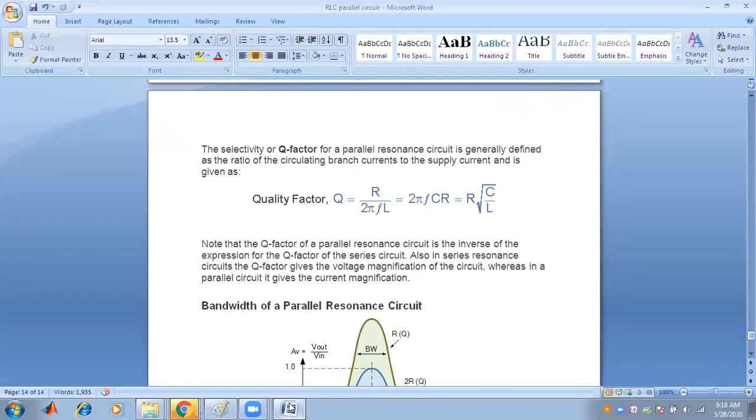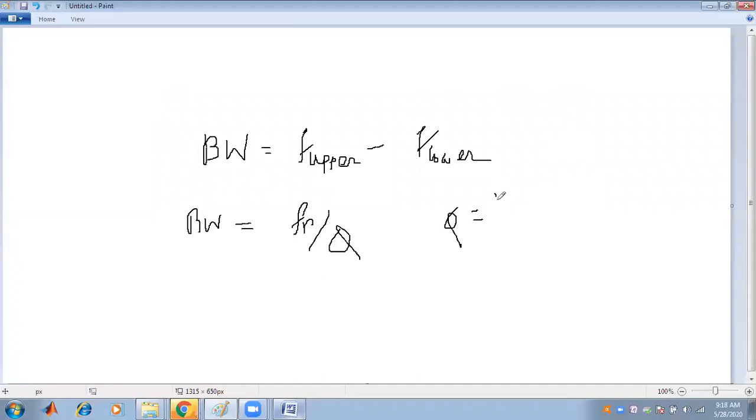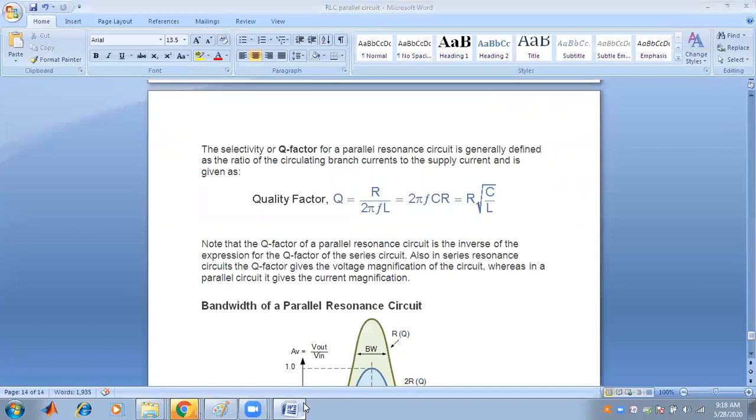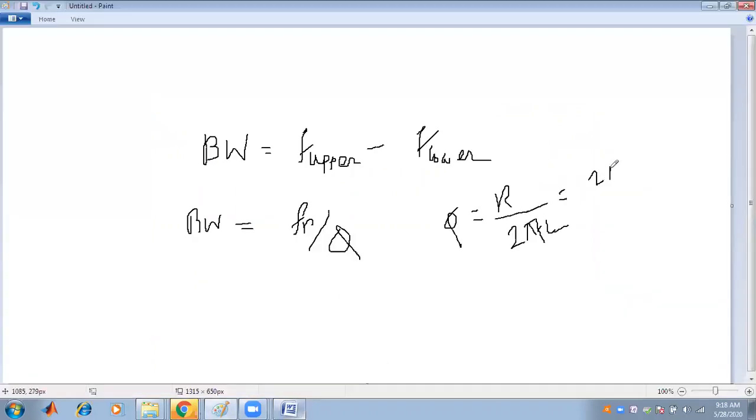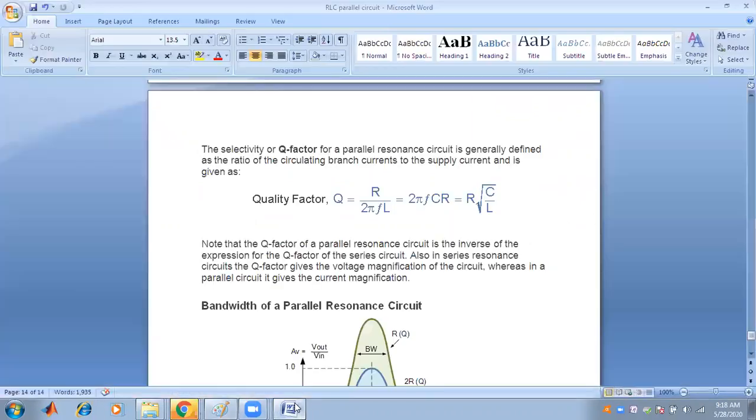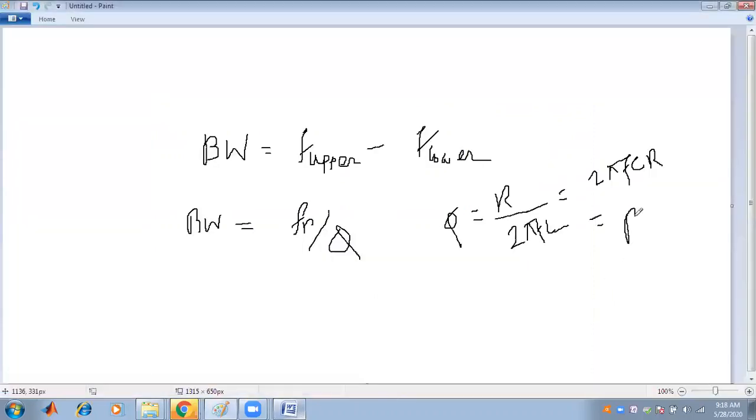It is given as R by 2 pi FL, or in other words, 2 pi FCR, or the same R by root over L by C. This is known as the quality factor.